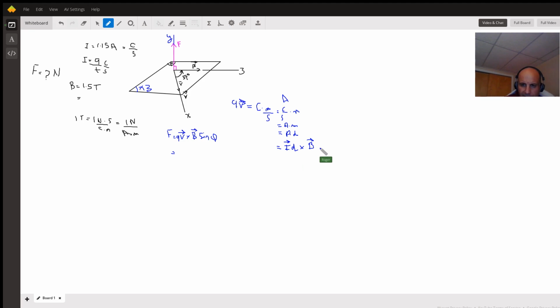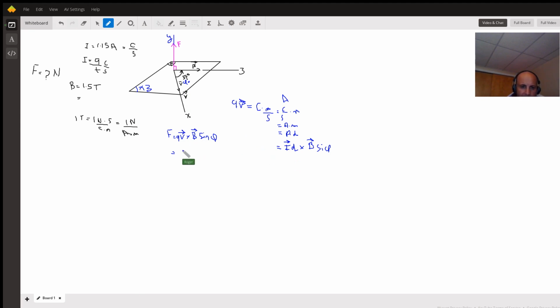Okay, times sine phi. Now, phi here is 37 degrees. So notice, as we curl our finger from V to B using the right-hand rule, we get our thumb up. Now, that thumb up is the direction of the force F, which is perpendicular to the plane that you're seeing here. So now we have everything we need to put the numbers on this.